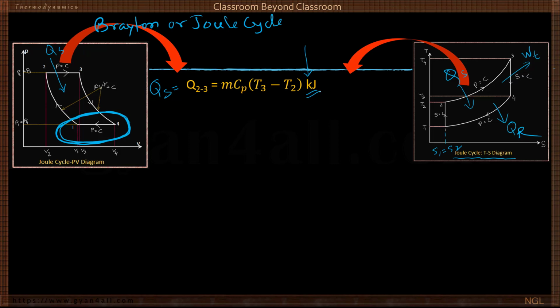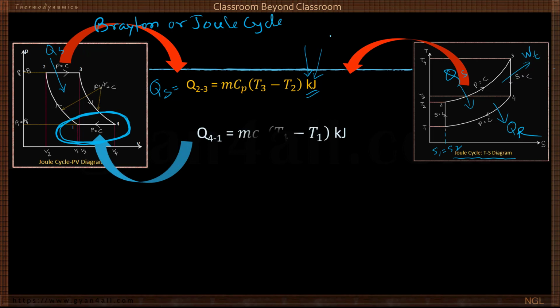That is why I am writing the unit kilojoule, because in the next class or so we are going to solve some problems in which we have to use the units for heat and work. For both these interactions, heat or work, we will use the SI unit, which is Joule, and most commonly the kilojoule. That means 1000 joule equal to 1 kilojoule. So QS we know is heat supplied.